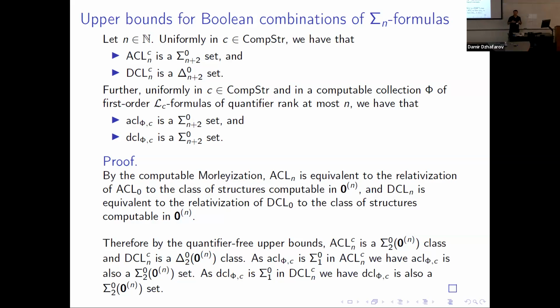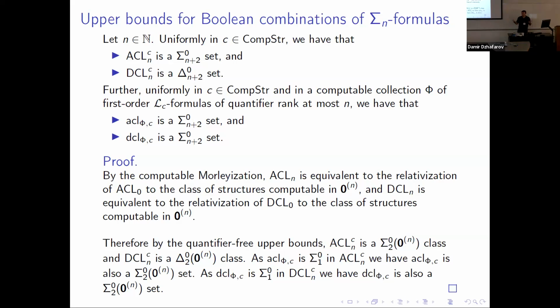But the structure is computable in 0 to the n, so it's sigma 0, 2 in 0 to the n, therefore sigma 0 n plus 2. This is for the one-step ACL. The one-step DCL is exactly the same. And so we get that these bounds relativize exactly the way you think they would.